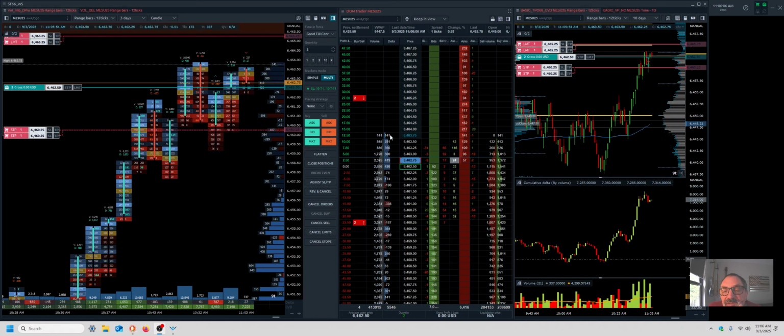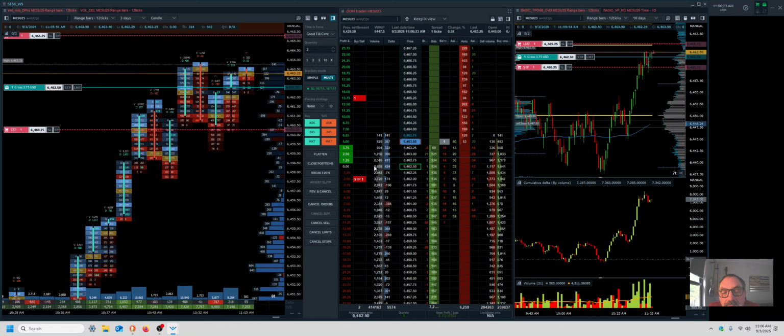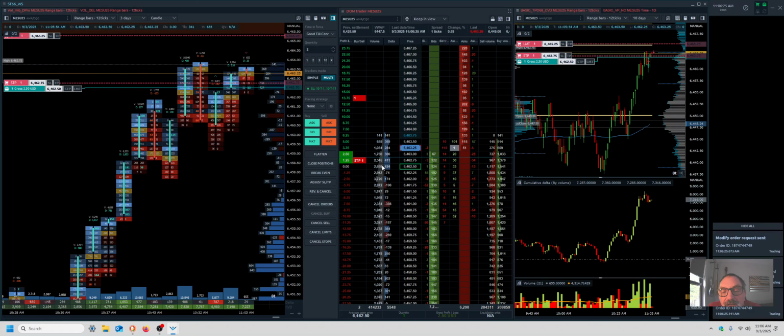You got a lot of positive delta here. Small delta here, positive delta here. See if these bids start going up. Yep, we're starting to move. We'll take one there. Go to break even here.